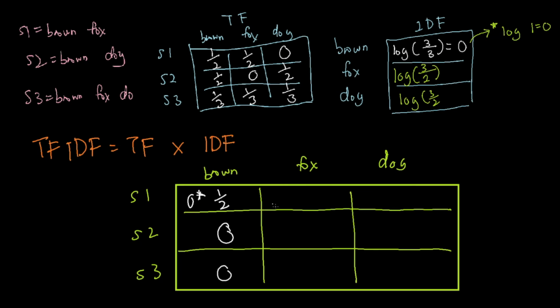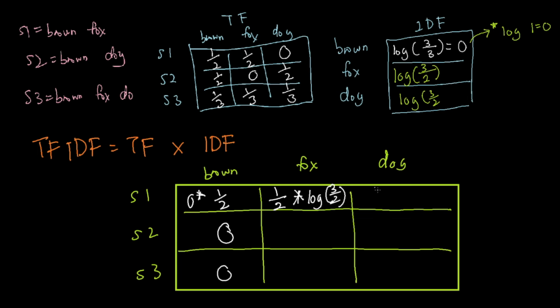And when we look at fox, we know that the term frequency for fox is 1/2, and the IDF for fox is the log of 3/2, and this would be the TFIDF value for fox in sentence 1.